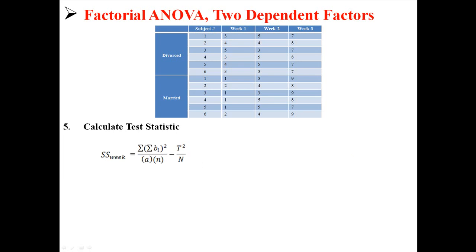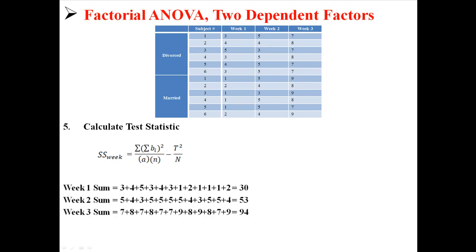Next, we're going to do week, which is kind of like marital status. We're just flipping around the A and the B, so it's not that bad. And we already know T squared over N, so we don't have to do a whole lot of work there. So we're going to start by finding our sums, our 3 different levels of week. For week 1, we have 30. For week 2, we have 53. And for week 3, we have 93.